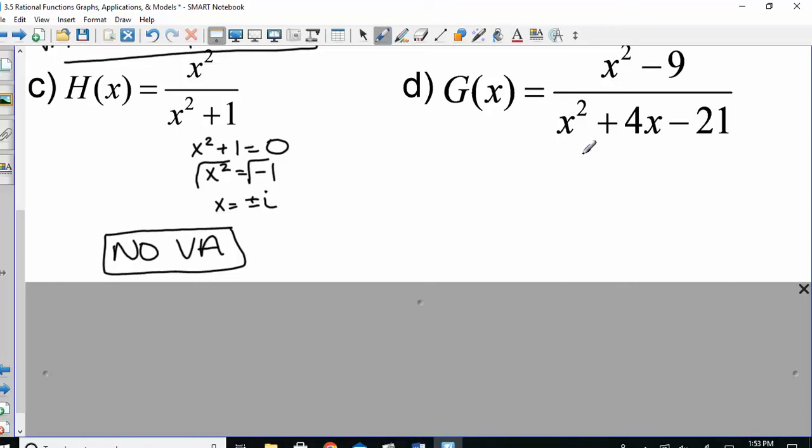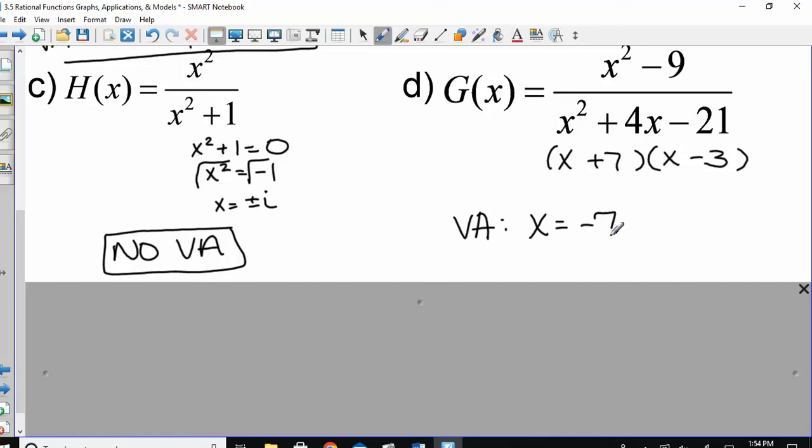On this one, what would I need to do? Factor. What multiplies to negative 21 and adds to positive 4? So, can you look at that and tell me what the vertical asymptotes are?